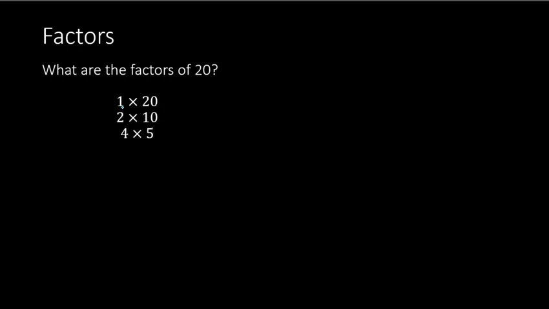So the factors of 20 would be any of those 6 numbers that we see here. It could be 1, 2, 4, 5, 10, or 20. And by the way, this little symbol with the 3 dots just means therefore. So therefore, the factors of 20 are 1, 2, 4, 5, 10, and 20.